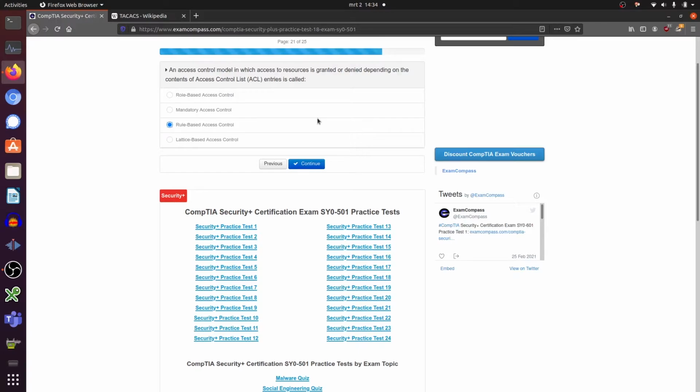All the MAC addresses that are whitelisted can have network access and will be given an IP address. All the other MAC addresses are not allowed to enter our network and don't get an IP address. That's basically rule-based access control, and this is usually set up in a router.